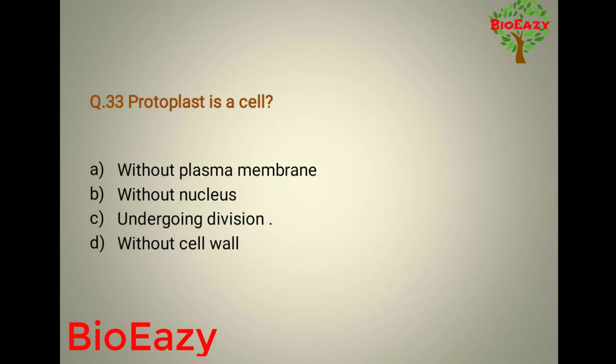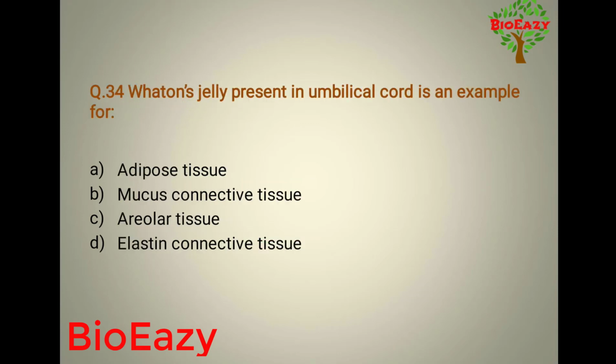Next, protoplast is a cell without cell wall. Next, Wharton's jelly present in the umbilical cord is an example of mucous connective tissue.